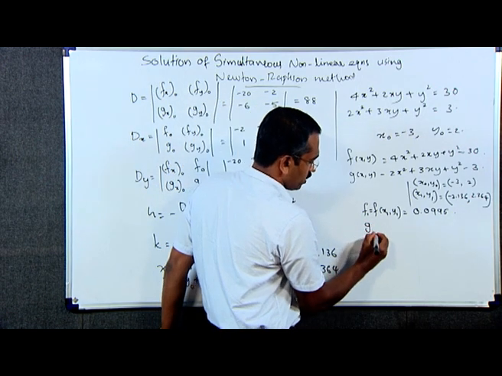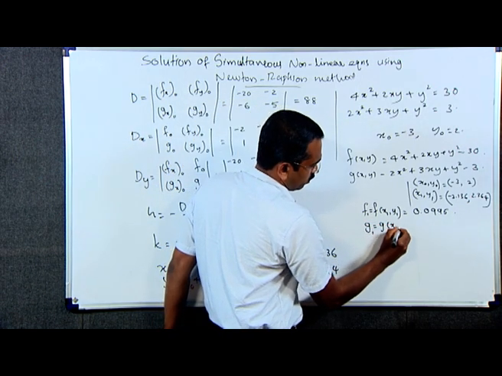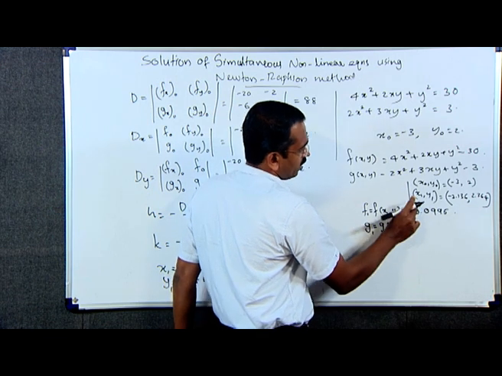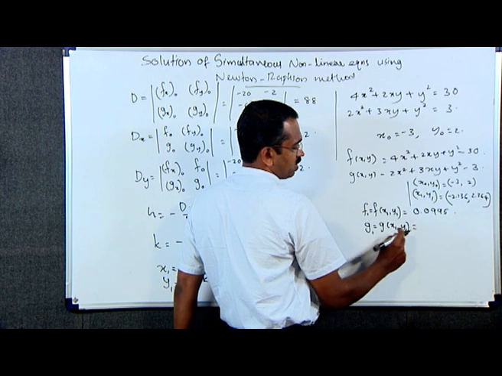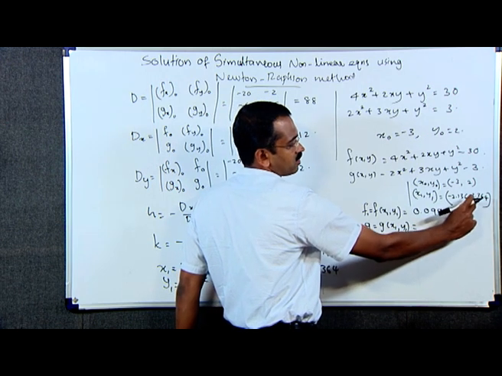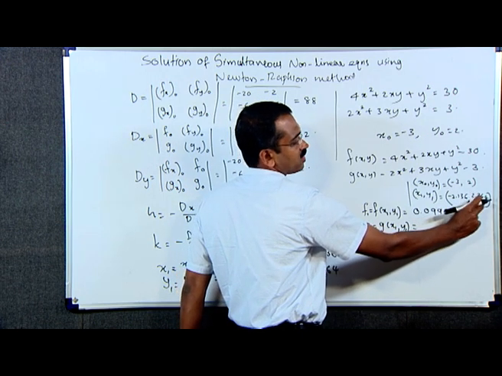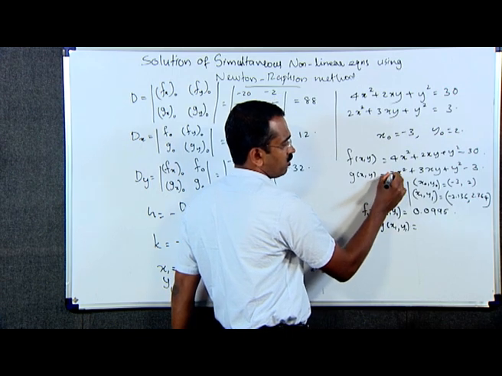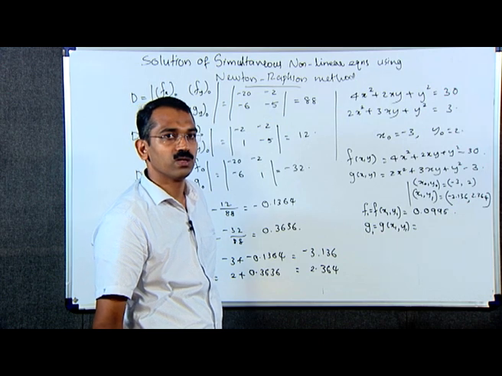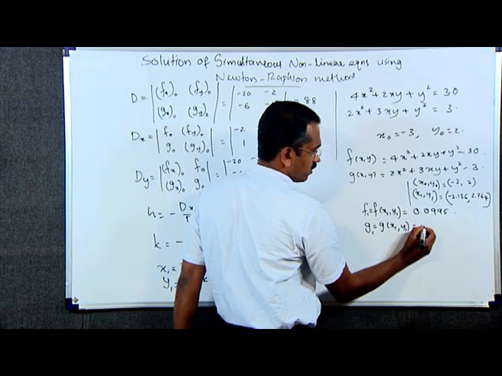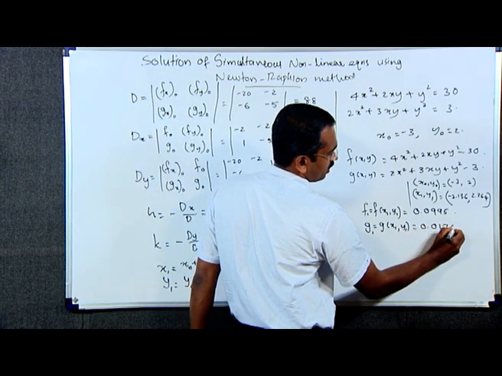And g1 is equal to g of x1, y1. Putting x is equal to minus 3.136 and y is equal to 2.364 in this expression of g of x, y, we will obtain g1 as 0.0170.